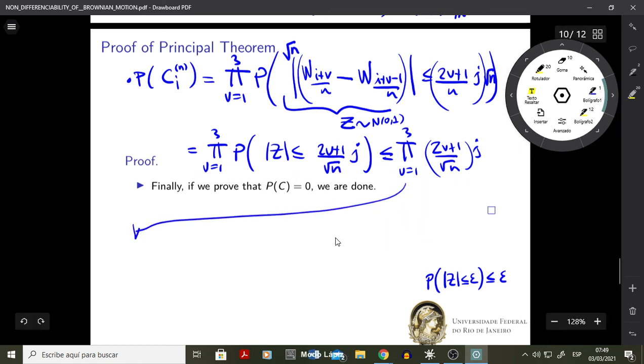This doesn't depend on nu. So here we have j power 3, and here we have n power 3 over 2, and this is equal to this.